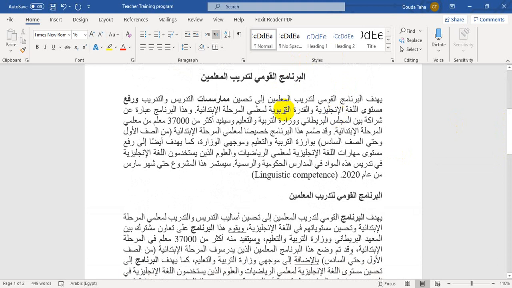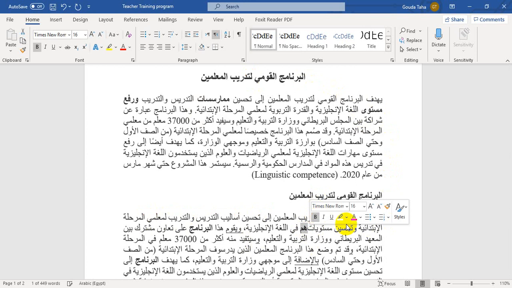So I tried to make it natural in Arabic by linking them to the same person they are connected with. So here, يهدف البرنامج القومي لتدريب المعلمين إلى تحسين أساليب التدريس لمعلمي المرحلة الابتدائية وتحسين مستوياتهم. So I used the correct reference here.